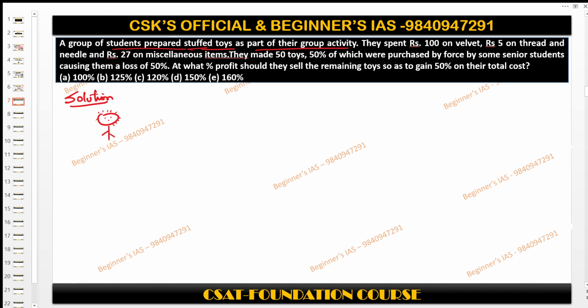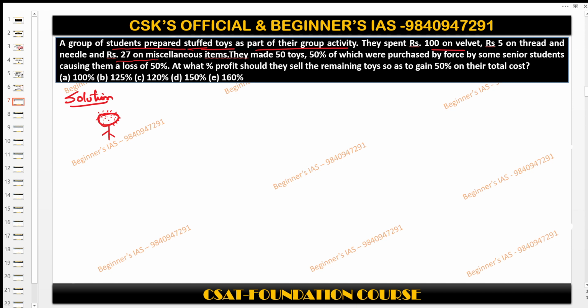Why do you need a needle? To sew, to stitch it. Okay. Yes, fine, and rupees 27 on miscellaneous items, whatever be the makeup, eyebrow, whatever. Everything together is for making one toy. Understood?